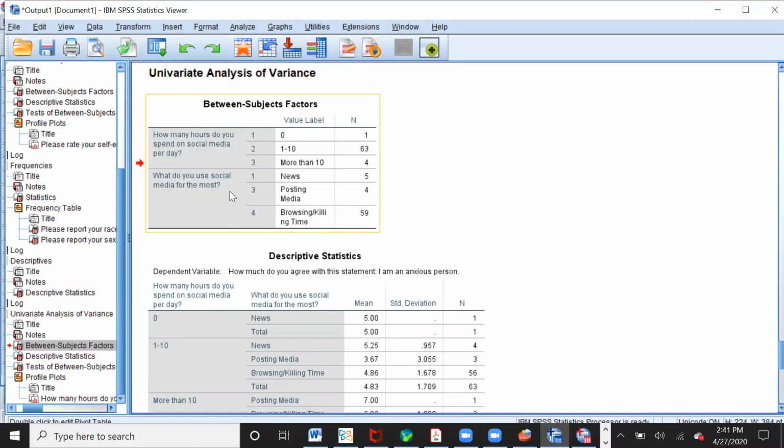When you asked the question, what do you use social media for the most, it looks like some people didn't respond to some of the options you gave them, because there's no 2 here. I don't know what 2 was. We're going to have to look that up. So 5 people said news, 4 said posting, 59 said browsing, killing time.